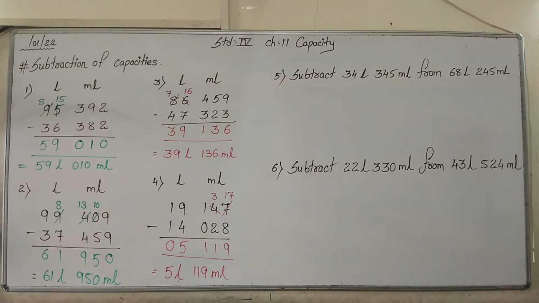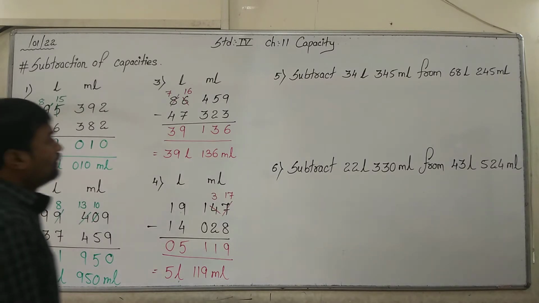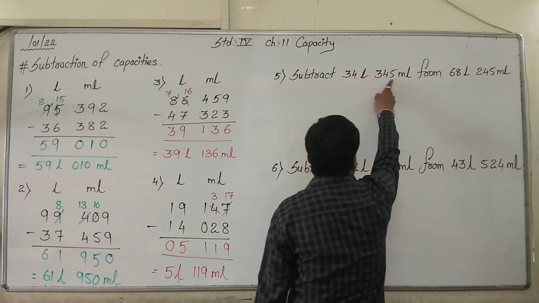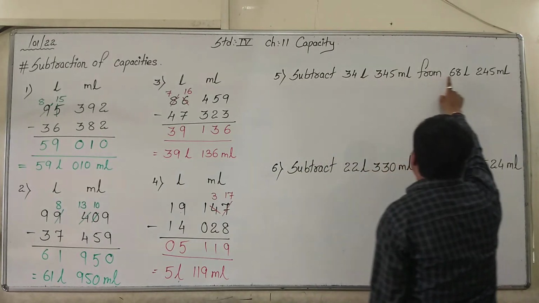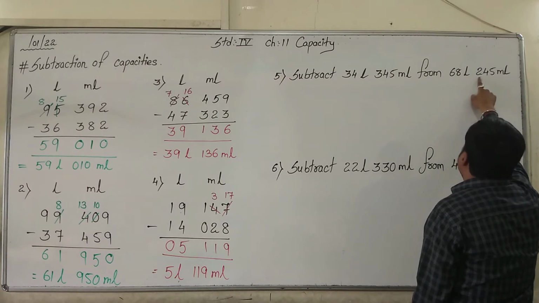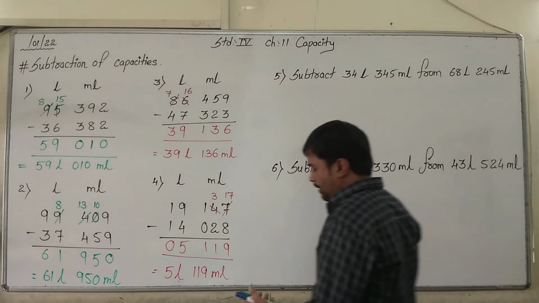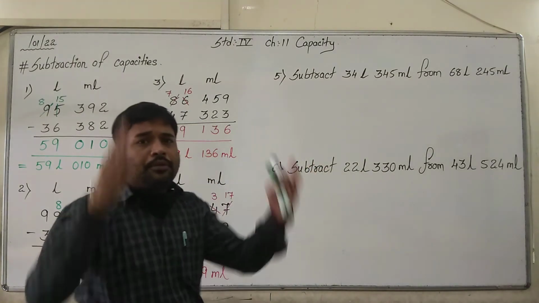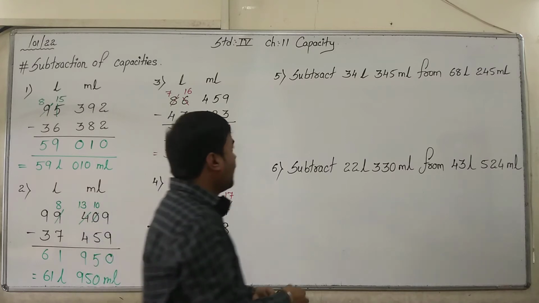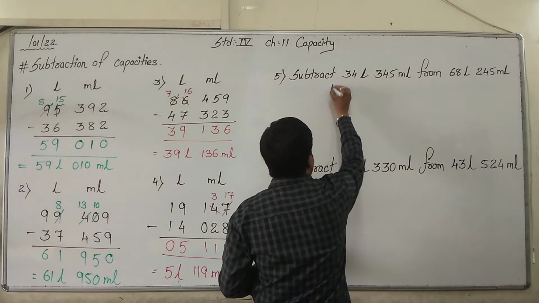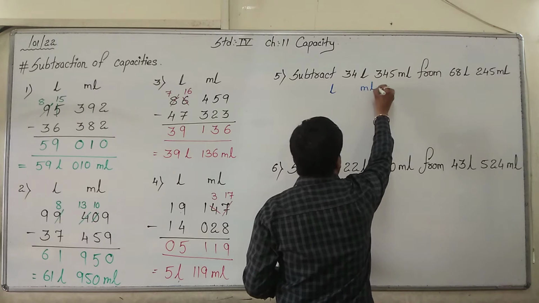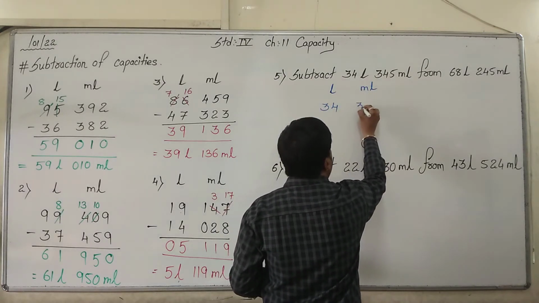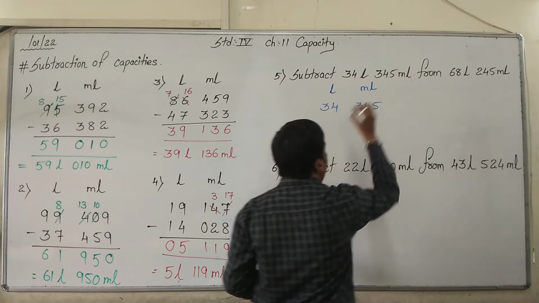Next, subtract 34 liters 345 ml from 68 liters 245 ml. Now here a statement is given to you. That statement we have to arrange in column form, right? So that will be liter and milliliter. For the first one, 34 liters, below milliliter we have to write milliliter.